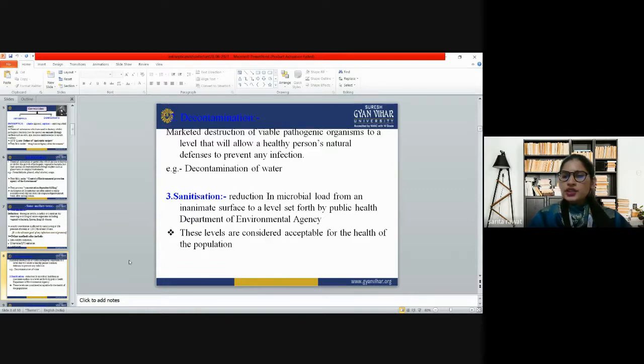Sanitization is the reduction in microbial load on an inanimate surface to a level set forth by public health or environmental agencies. These levels are considered acceptable for the health of the population. Like in the COVID situation, we had to suggest that every person sanitize their hands and every utensil, so that viral contamination can be decreased.